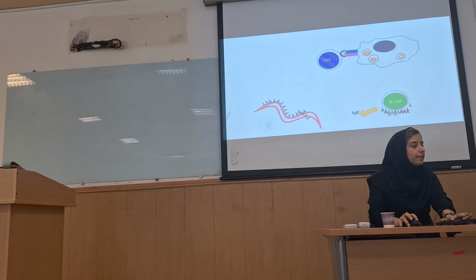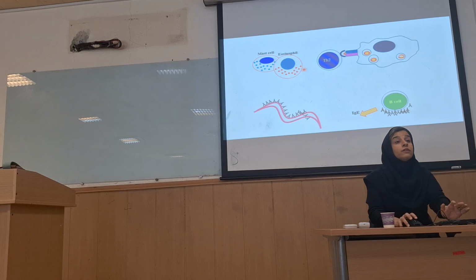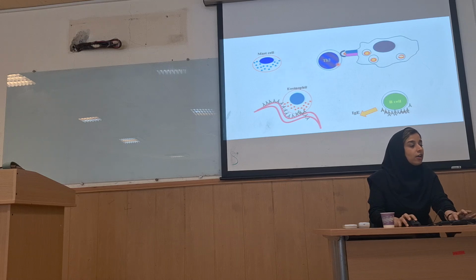And after that, some innate immune cells like eosinophils and mast cells, the most important cells for defense against helminth parasites, are recruited to the site of infection. And a cytokine is very, very important for recruitment of these cells.